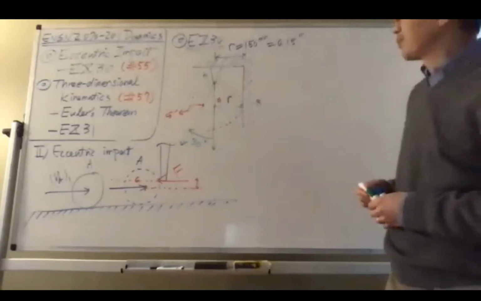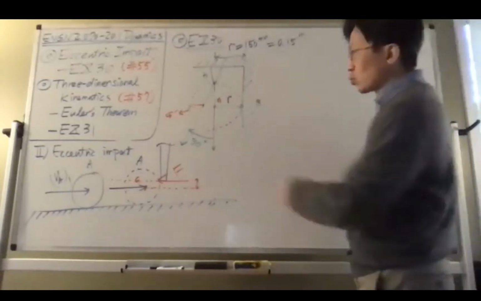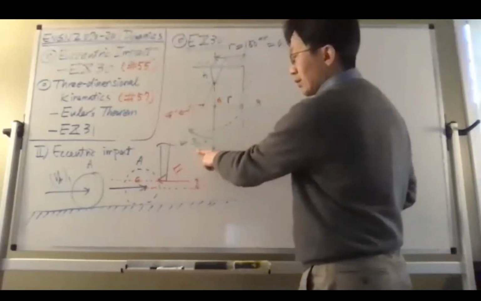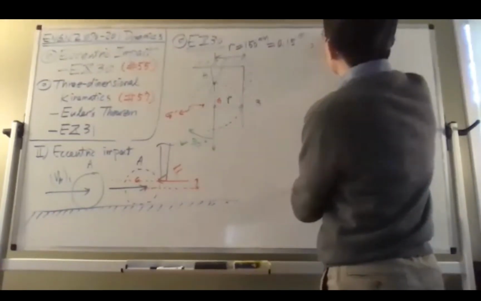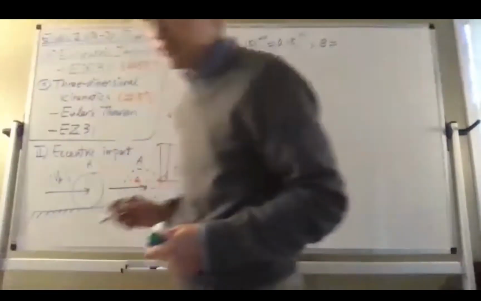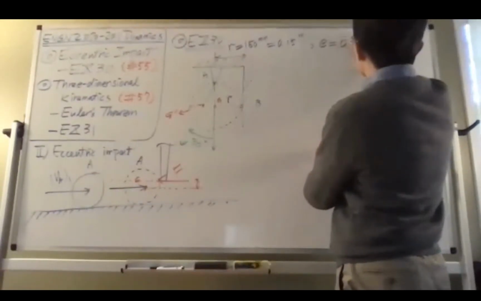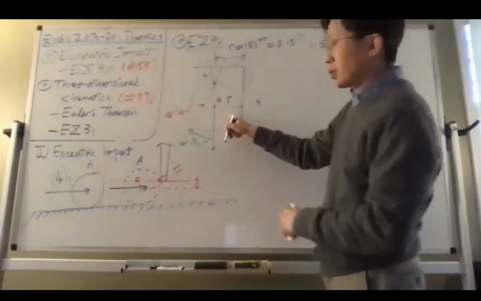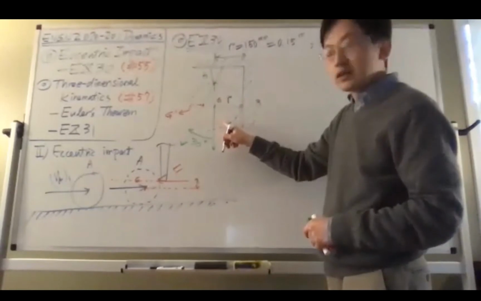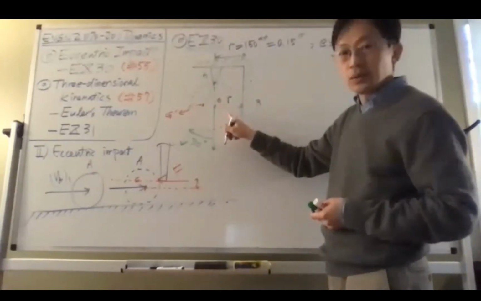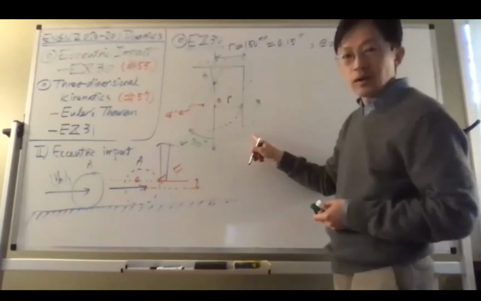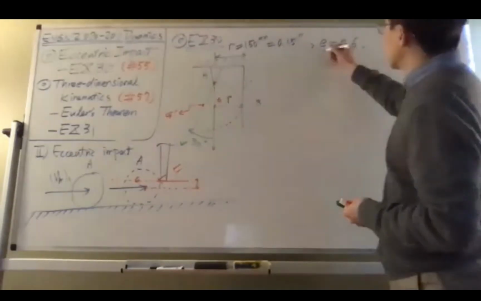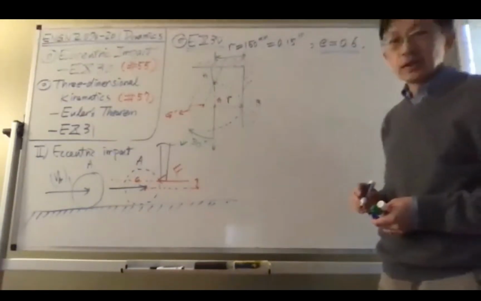So what is the question? The question is this. Suppose we lift the disk by 30 degrees, and you know that the coefficient of restitution, e, here is 0.6. That means we know, for the type of material used for this disk and the type of material of the wall, from previous study, this coefficient of restitution is 0.6.